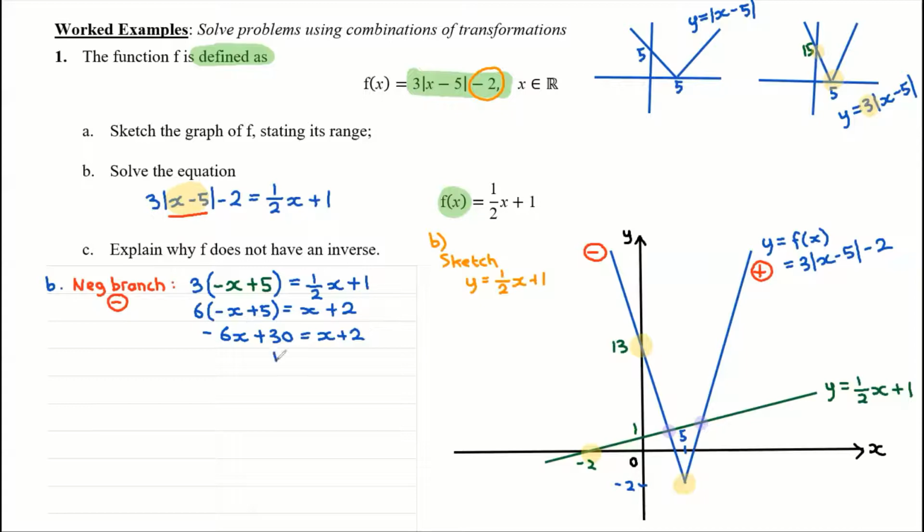So this is going to be 28 is equal to 7x. Oh, I've just realized I've made a mistake. Let me just undo this. You might have been screaming at the screen. Okay, so I forgot the negative 2. Sorry about that.